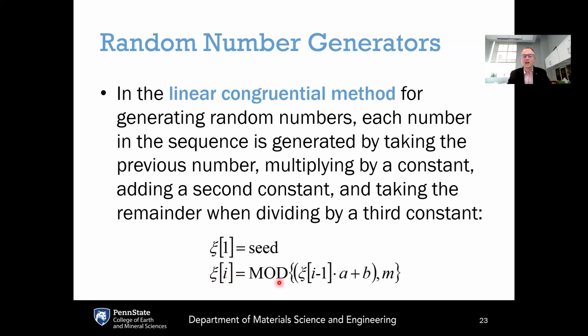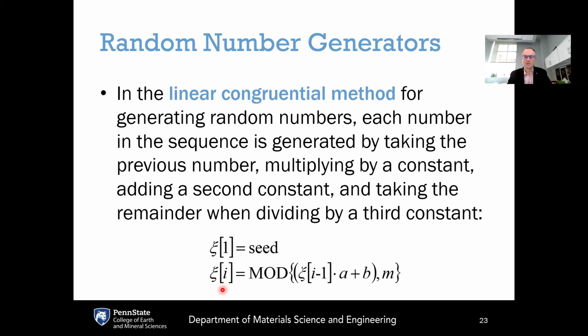So C of i is going to be equal to taking the previous random number, multiplying by a constant, adding a constant, and then doing something called modulo division, which is just doing integer division and then taking the remainder, because the remainder is a lot more random than the quotient itself. So this mod here means that we take this number, divide by m, and then take the remainder. That remainder becomes the next number in the sequence. And we continue this process using that same algorithm to generate this whole sequence of pseudo-random numbers.